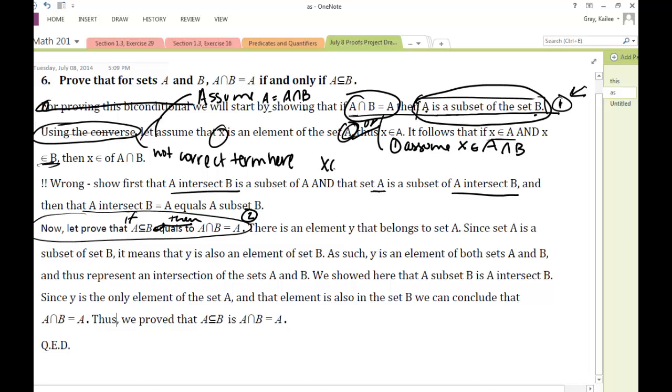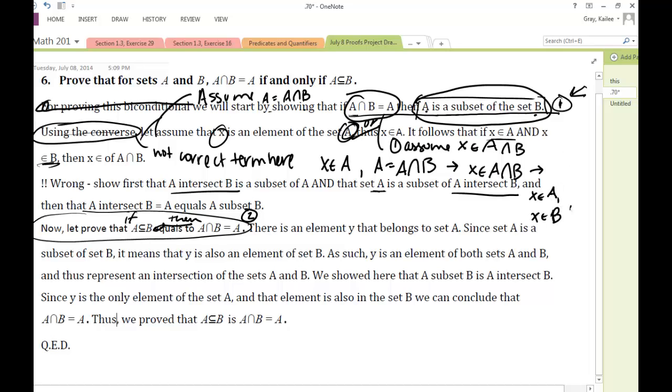Well, if X is in A, then I know that because A is equal to A intersect B, if X is in A, X must be in A intersect B. If X is in A intersect B, then X is in A and X is in B. Okay?